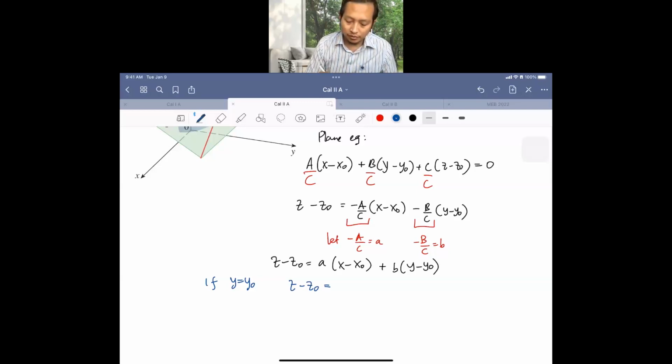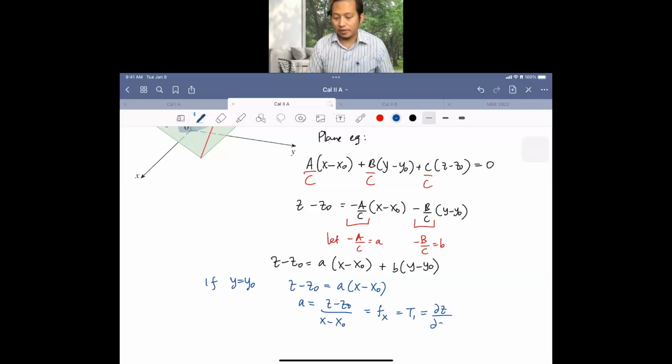This will equal a(x - x0). So a is (z - z0) divided by (x - x0). In terms of change, this will be our partial x, or our T1, or our rate of change of z with respect to x, right?